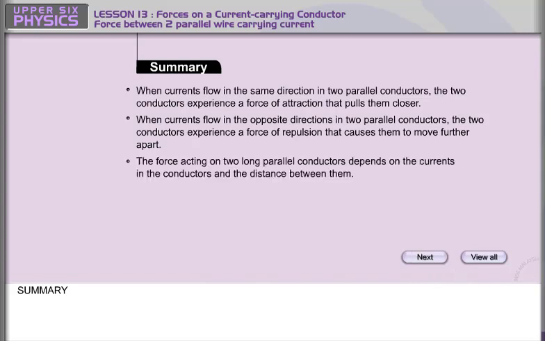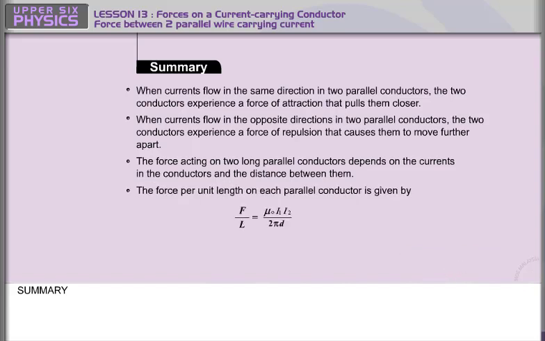The force acting on two long parallel conductors depends on the currents in the conductors and the distance between them. The force per unit length on each parallel conductor is given by F over L equals mu naught I1 I2 over 2 pi d.